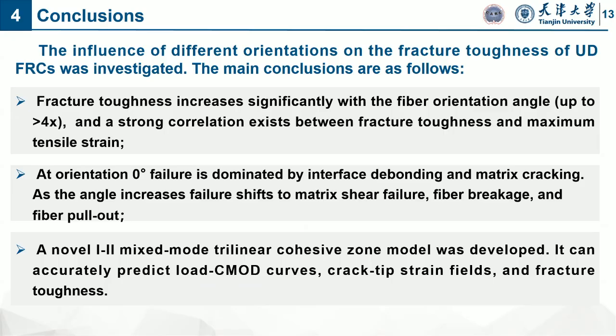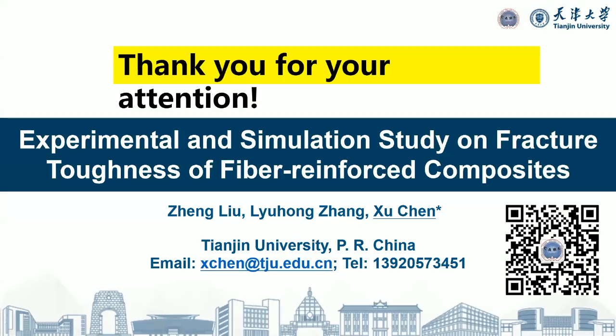As the angle increases, failure shifts to matrix shear failure, fiber breakage, and fiber pull-out. A mode 1 and mode 2 mixed mode trilinear cohesive zone model was developed in this study. It can accurately predict load CMOD curves, the strain field, and fracture toughness. Thank you very much.